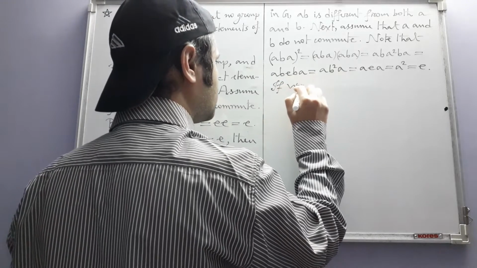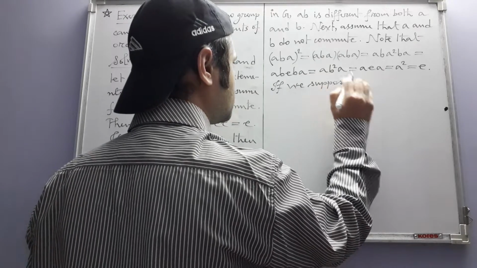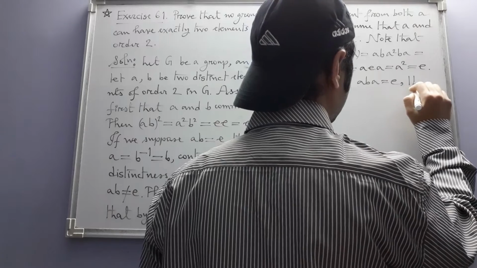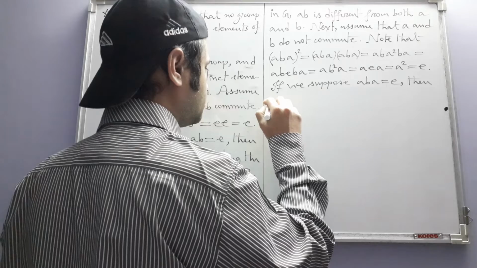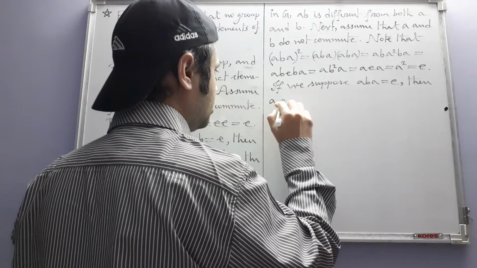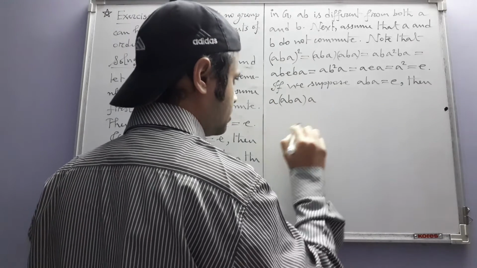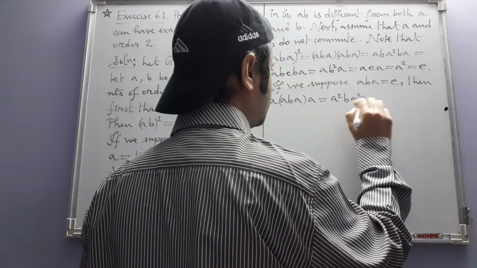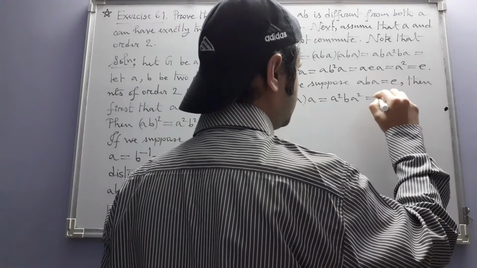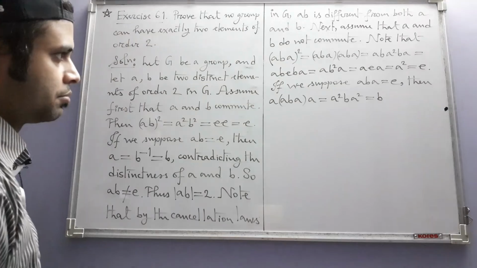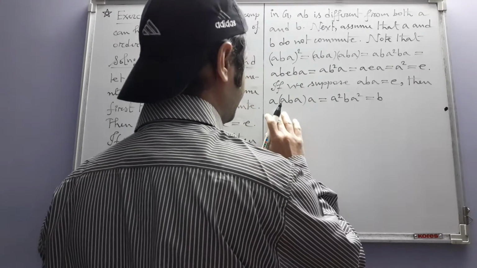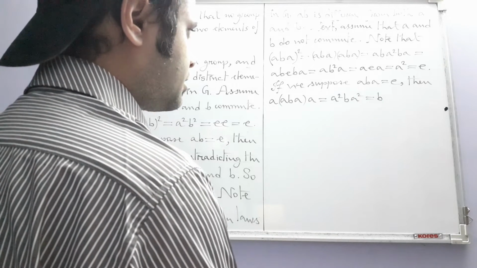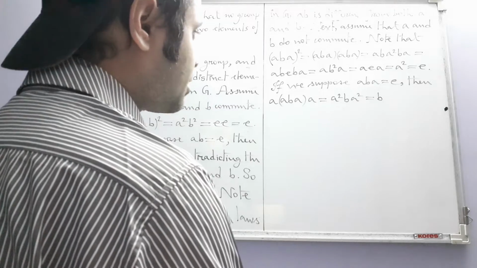If we suppose ABA equal to identity, then A ABA times A equal to A square B A square, that is equal to B. But at the same time, wait, I want to conclude from this that something goes wrong. But what goes wrong?